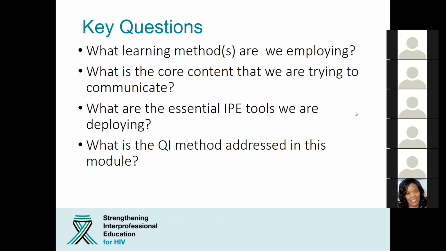I think bringing in, for example, child counselors in this IPE framework would be very critical, because they know how to manage disclosure, especially for the younger children, where many times parents, due to stigma and discrimination and sometimes just ignorance, are not able to or don't want the disclosure to happen.